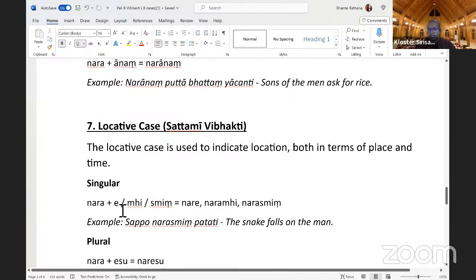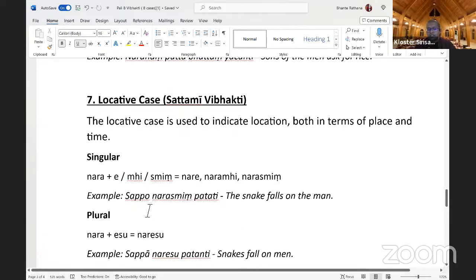Nara plus e, nare; nara plus mhi, naramhi; nara plus smiṃ, narasmiṃ. Here you can see the example: sappo narasmiṃ patati. The snake falls on the man.